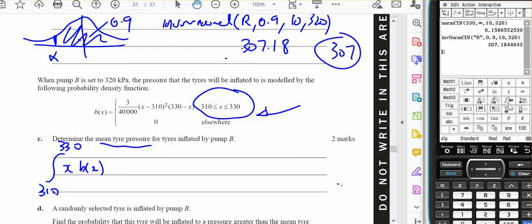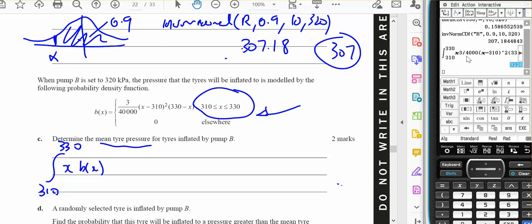So I'm going to have 3 divided by 40,000, the integral from 310 to 330 of x times bracket x minus 310 squared times 330 minus x dx. And I get 322 is the mean.